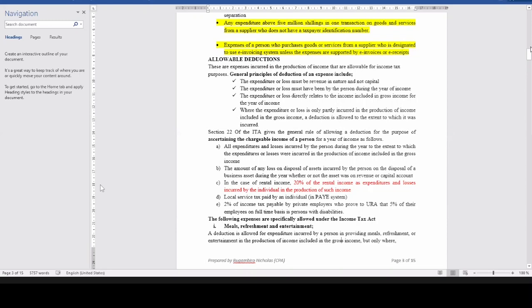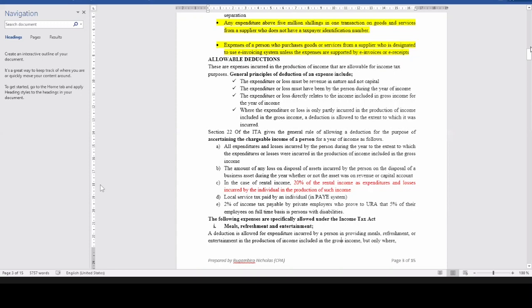It is 2% on income tax payable by private employers, provided you can prove to URA that 5% of employees are employed on a full-time basis. So 2% on income tax payable. You first determine your income tax payable without including this as an allowable deduction.